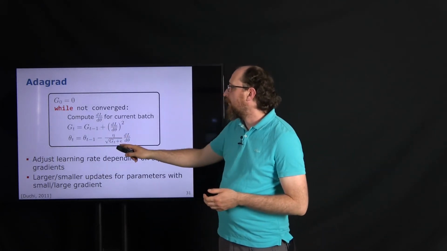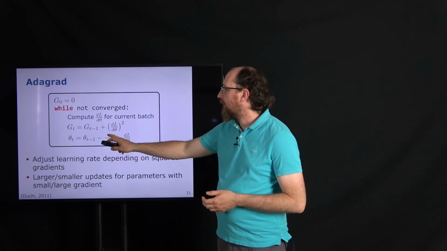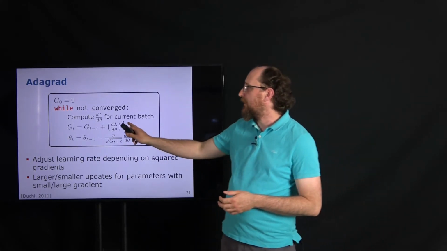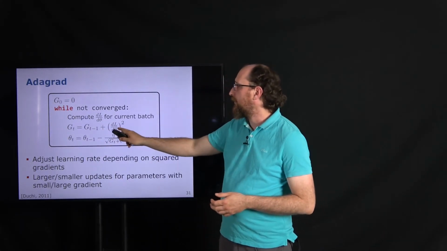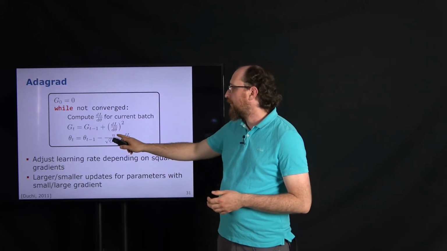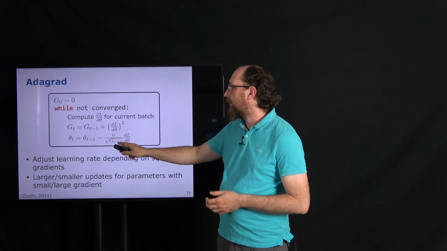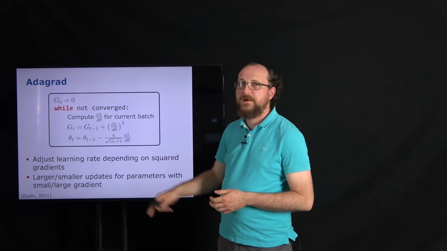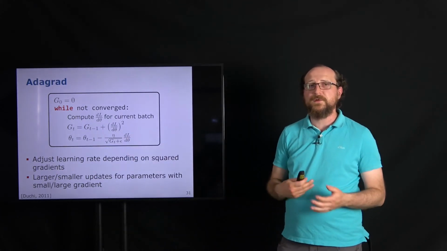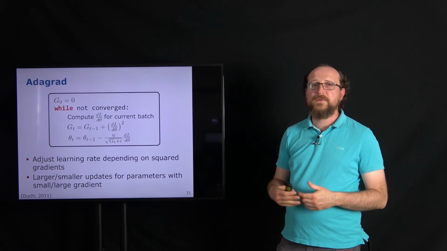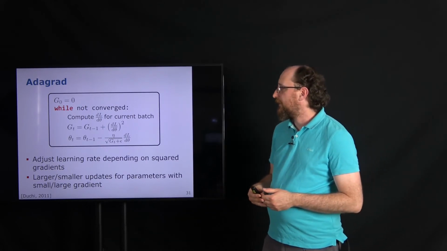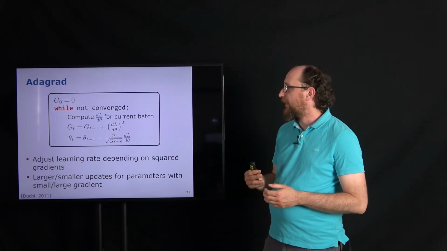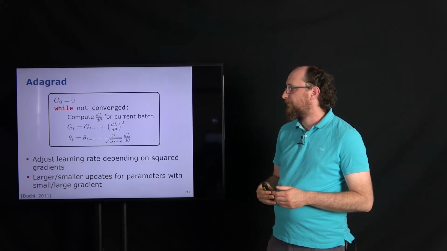And using this accumulation, we then scale the learning rate for each of the parameters. So this is really then a vector of the squared contributions of the gradient vector, and by using the division here by the square root of g_t, we are then getting a parameter adaptive learning rate in the end. So we are decreasing the learning rate where we have large contributions of the gradient vector, and maybe increasing the learning rate where there are only very small contributions.